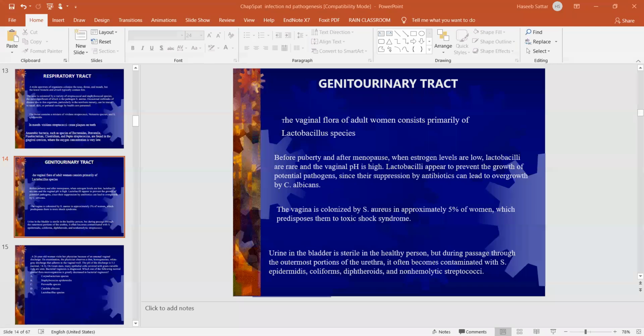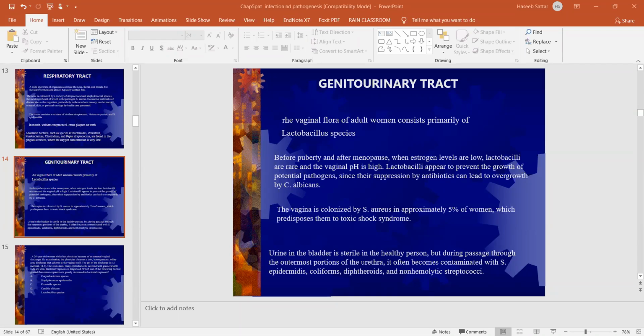Okay, so because Lactobacillus regulates the pH, it prevents the growth of other pathogenic organisms. If a female is using broad spectrum antibiotics due to some other reasons, like sore throats or other kinds of infections, the local flora will also be disturbed, because antibiotics can kill the bacteria, so Lactobacillus will also be killed.